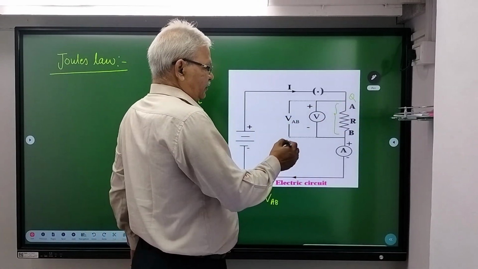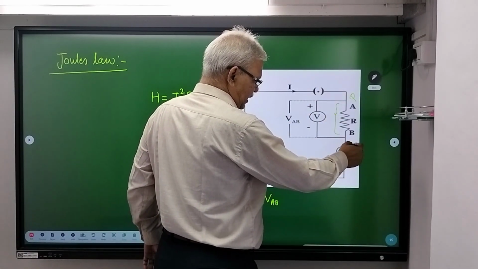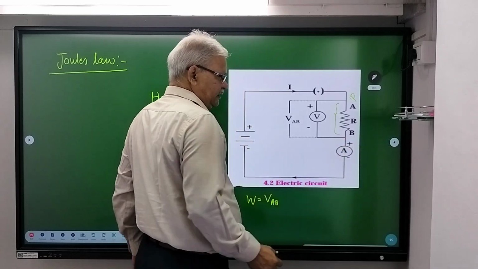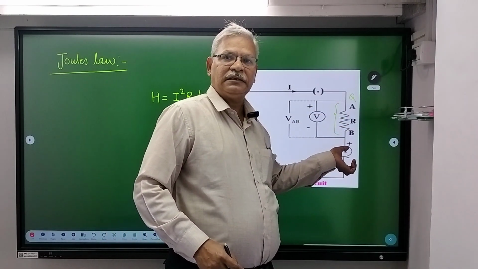Now see here in this circuit diagram, A means ammeter, which is connected in series with the resistance to measure the current.